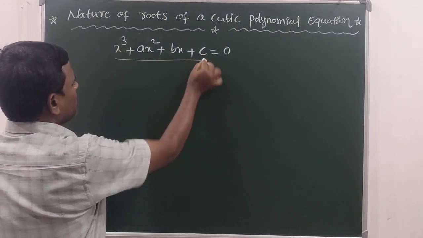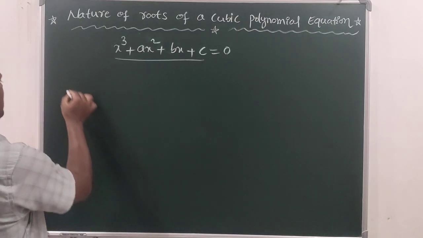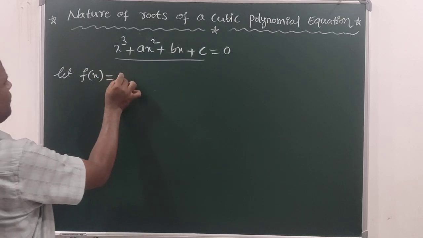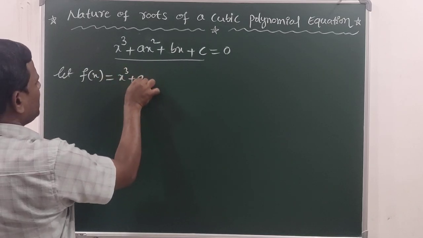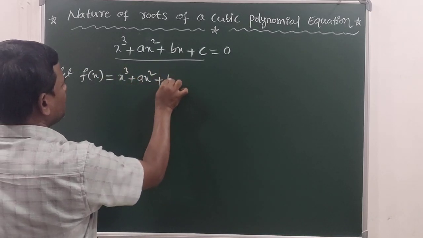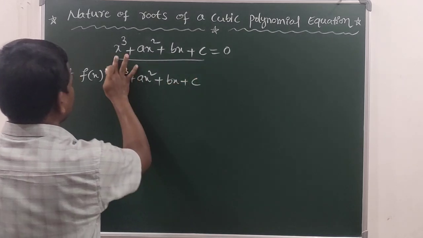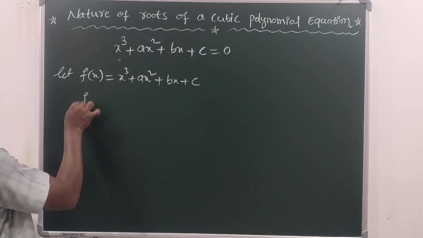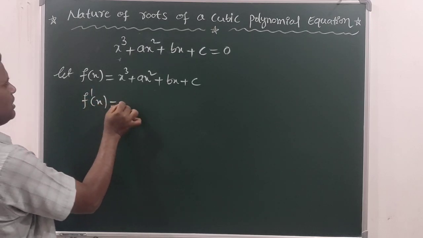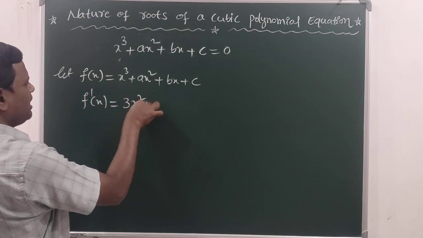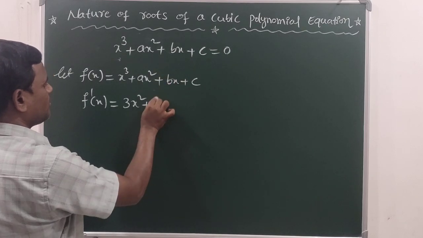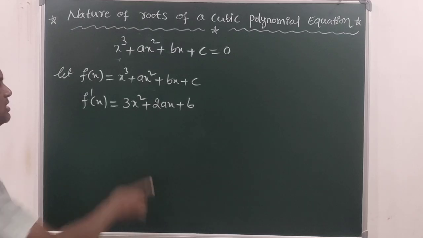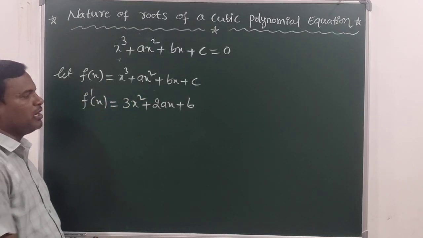Now let us discuss the roots' nature. So now I would like to consider the left side portion of the equation as f of x. f of x equal to x cube plus ax square plus bx plus c. Now I would like to find its first derivative. f dash of x equal to 3x square plus 2ax plus b. This is the first derivative of the cubic polynomial.